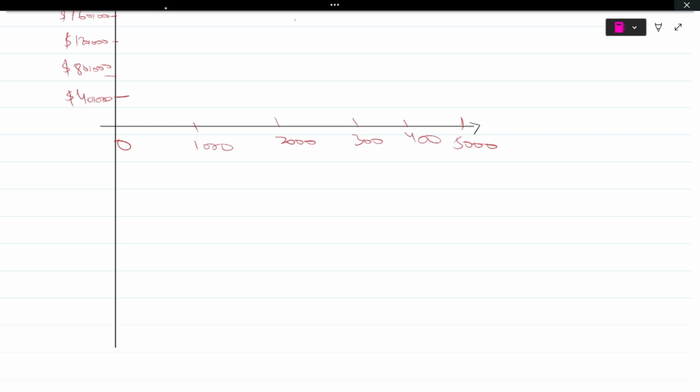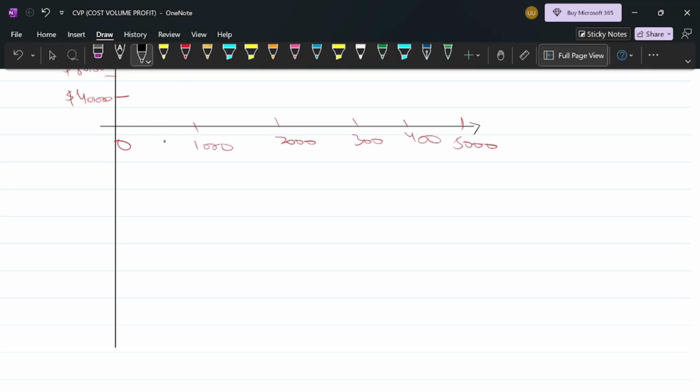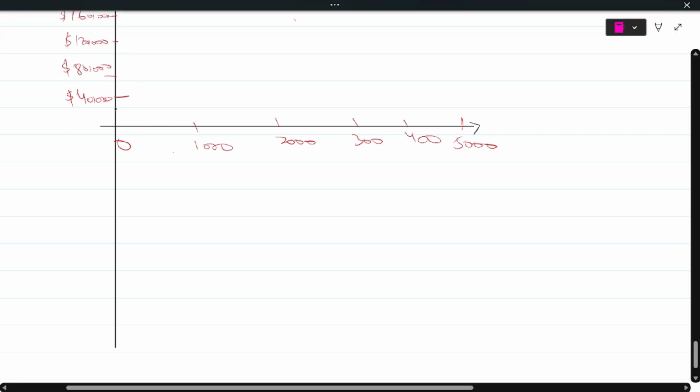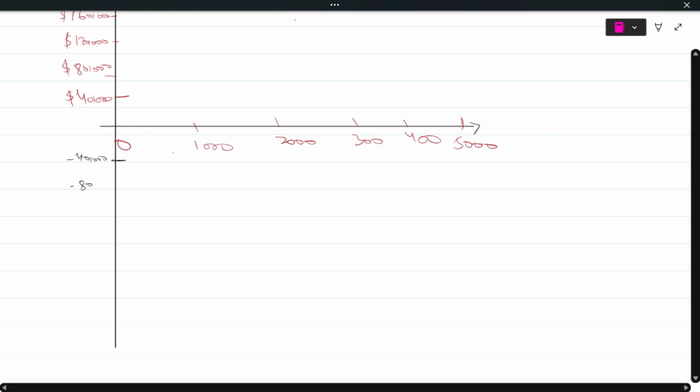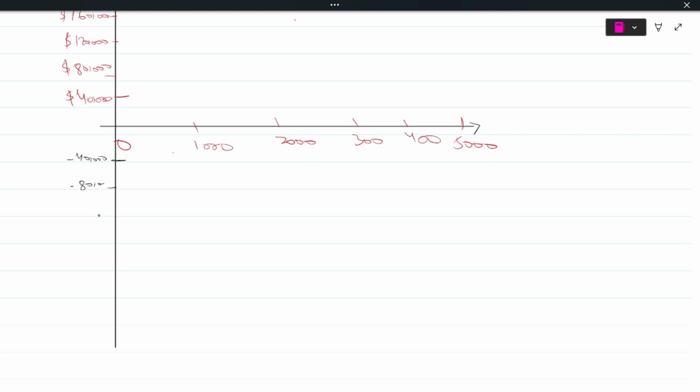And I am going to copy the scale that I wrote on the positive y-axis on the negative y-axis, right? So for example, this is going to be minus 40,000, right? Minus 80,000, right? And so on. We are going to continue, and so on, we are going to just complete our y-axis scale, okay?